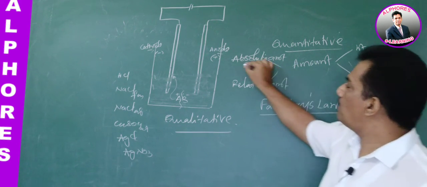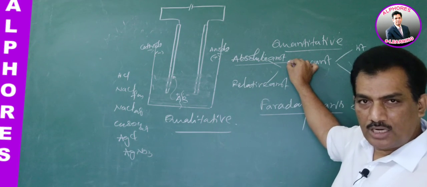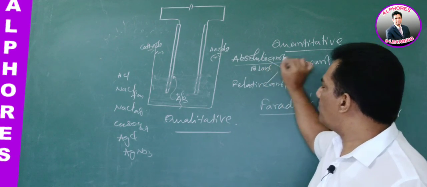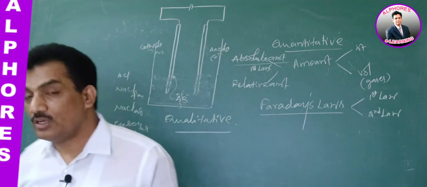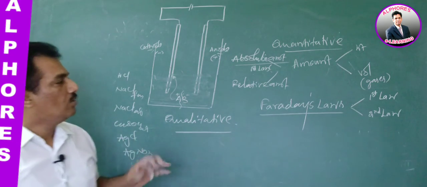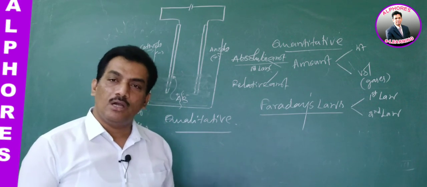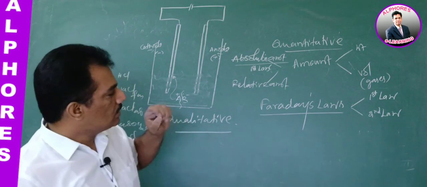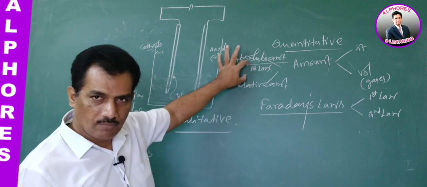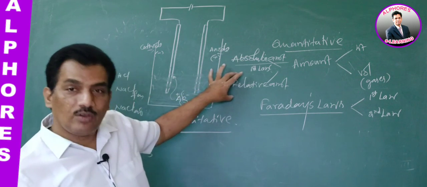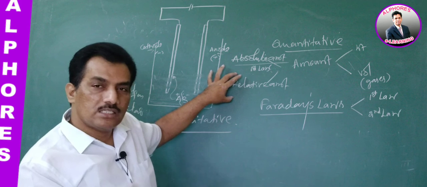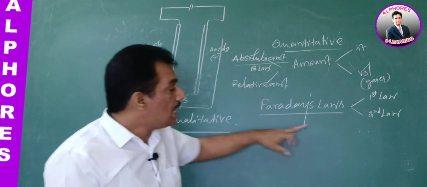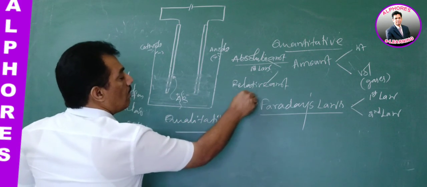For the absolute amount of the electrolyte product at an electrode, we use the first law of Faraday. Here we require only how much current is passed and how much time the current is passed. Such relations are given by Faraday's first law. Whereas for relative amount, that is when some X is deposited in this much amount, how much of Y is deposited, that has been dealt with by the second law of Faraday.